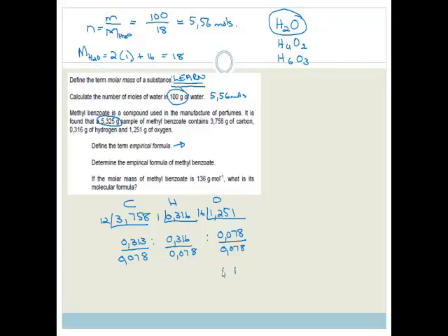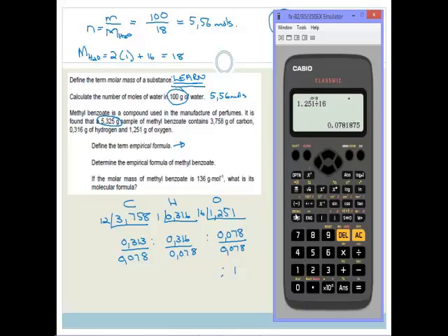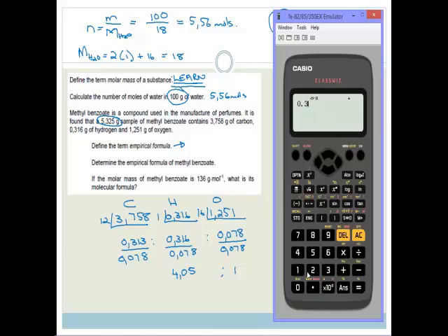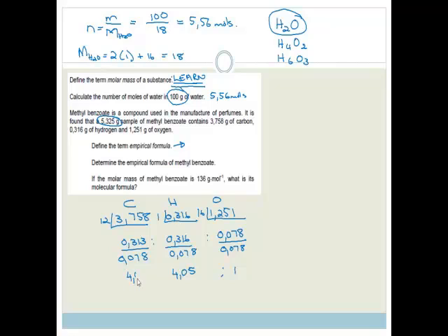This is obviously 1. Okay, so let's use this in a calculator. So we've got 0.316 divided by 0.078, and that is equal to 4.05. Let's do this one as well just to see how much different it is. So you've got 0.313 divided by 0.078 equals 4.01.